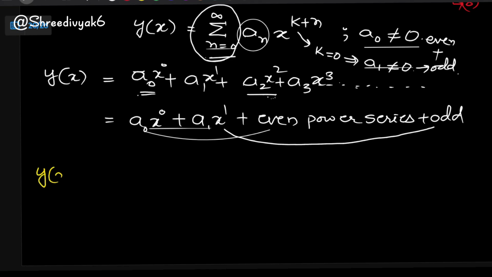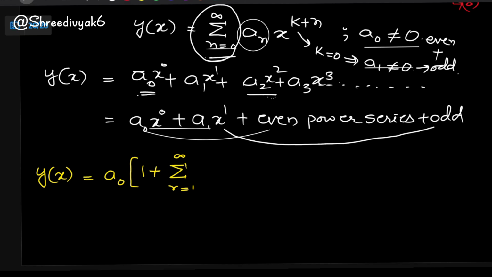And write the combined solution as y of x is equal to a naught into 1 plus summation of all the terms from r is equal to 1 to infinity.